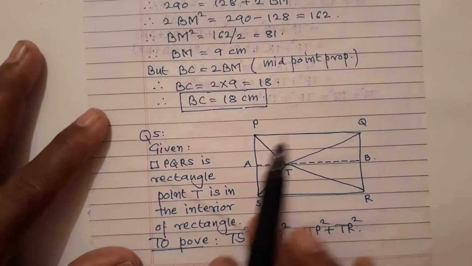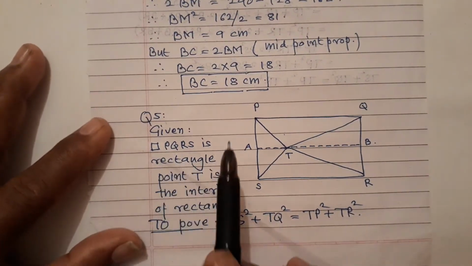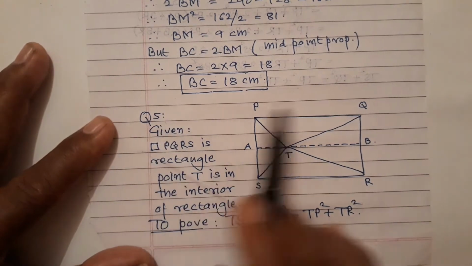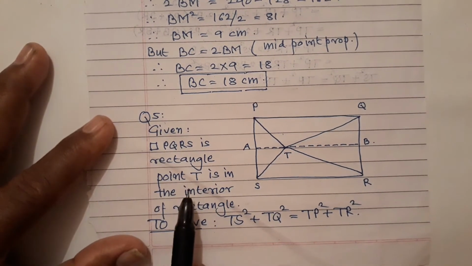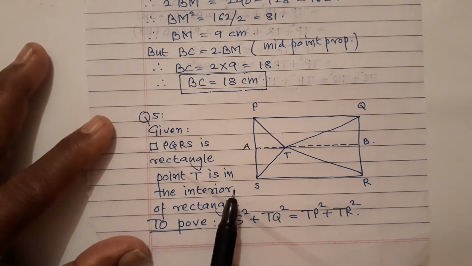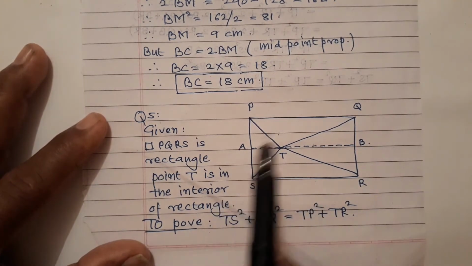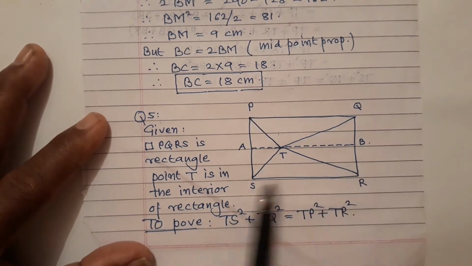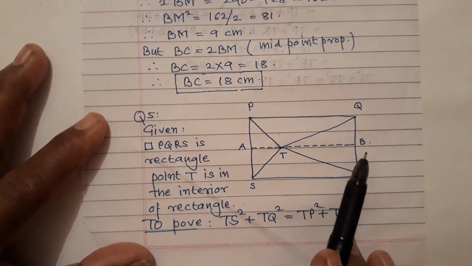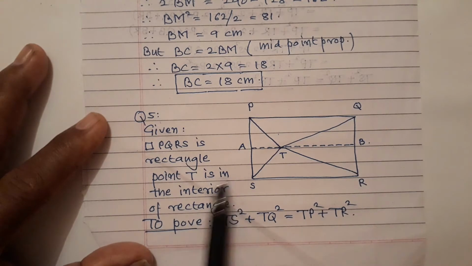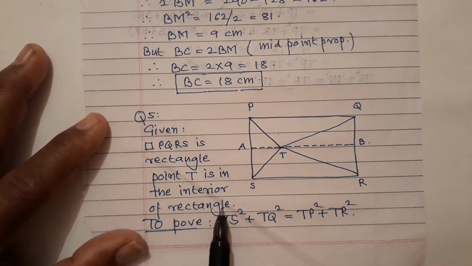Now I will explain the next question. Question number 5. This question is slightly complicated. Try to understand this question. Okay. Now what is given? Quadrilateral PQRS is a rectangle. Point T is in the interior of the rectangle.